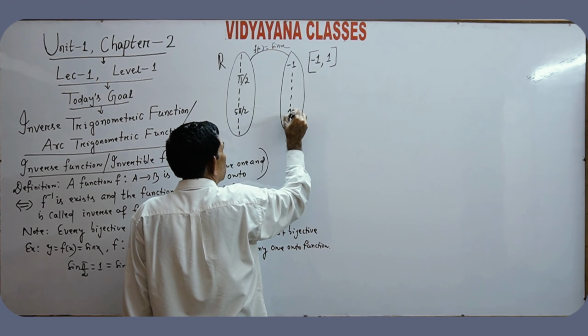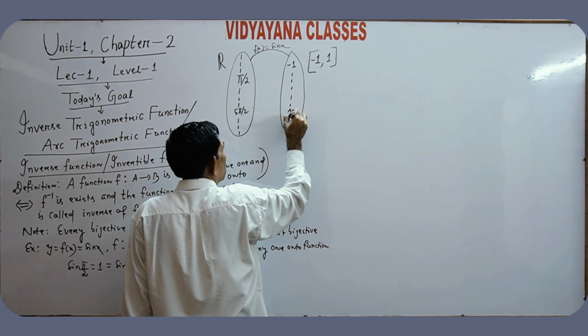For f(x) equal to sin x, its inverse does not exist. Since it is not one-one, that means not bijective. It is onto but not one-one, so f inverse or sin inverse does not exist.